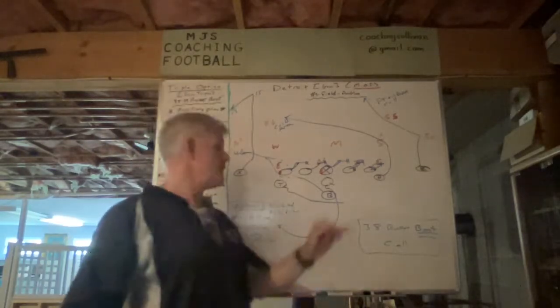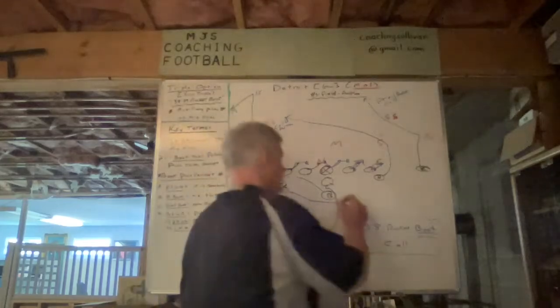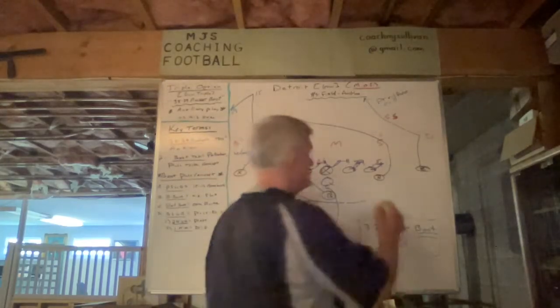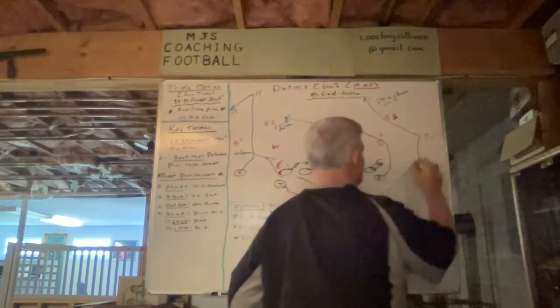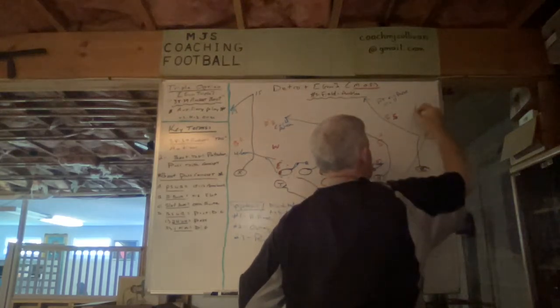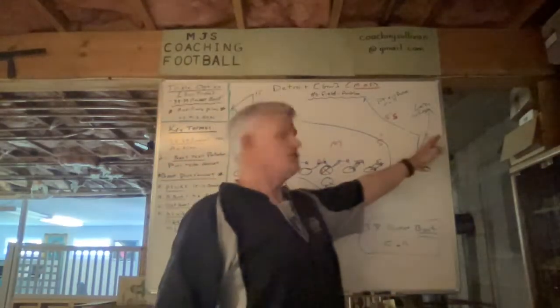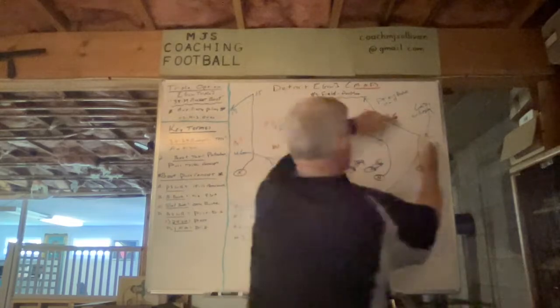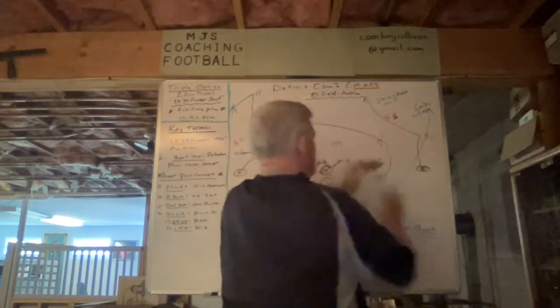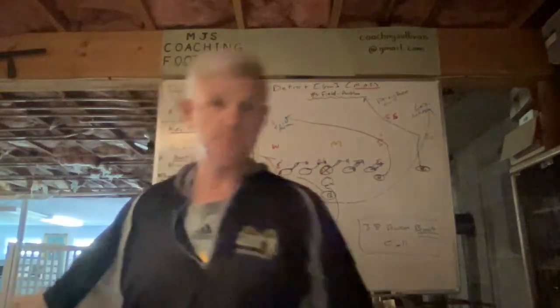So last but not least, in this case the T, after he fakes the toss, he's then going to run what we call a lazy wheel, which means don't sprint into the wheel. See the reaction of the corner. If these guys really rotate hard, then we'll set up a throwback to the wheel.